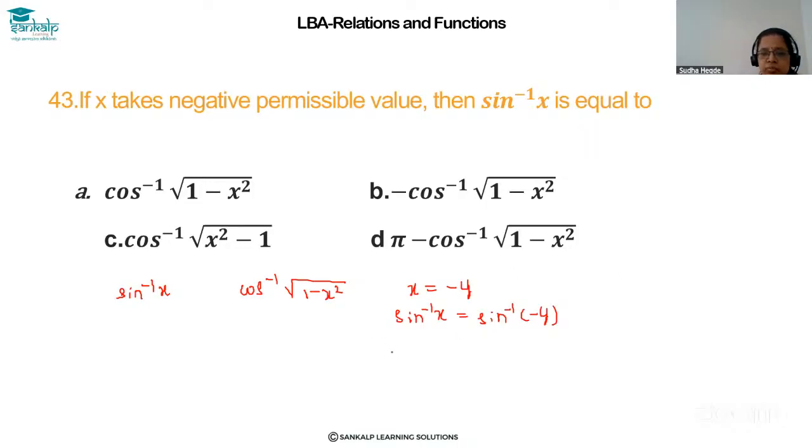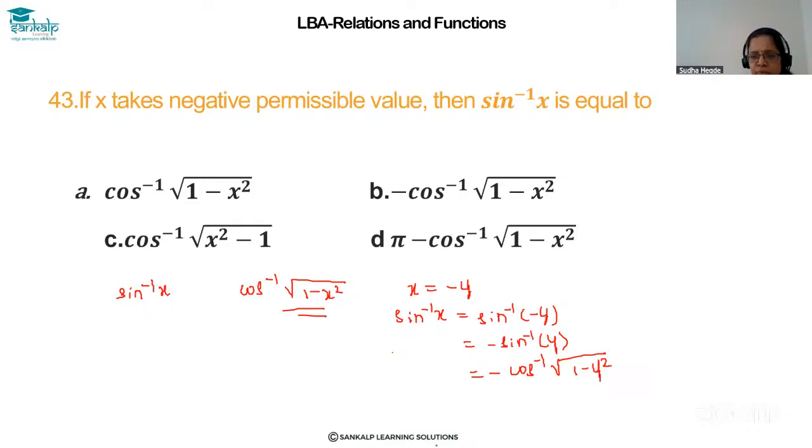Now, sin inverse minus y. Sin of minus theta is minus, sin inverse minus y is minus sin inverse y. So, if you express this in terms of cos, it is minus cos inverse square root of 1 minus y square, like this.